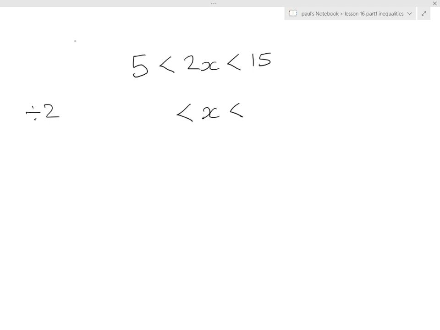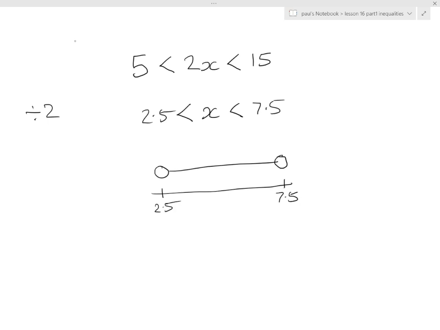When you divide the middle by 2, you have to divide everything, all 3 parts. So that would become 2.5, and that would become 7.5. So on a number line, it would look like this. I'll only do the numbers there. So this would be 2.5, and this would be 7.5.